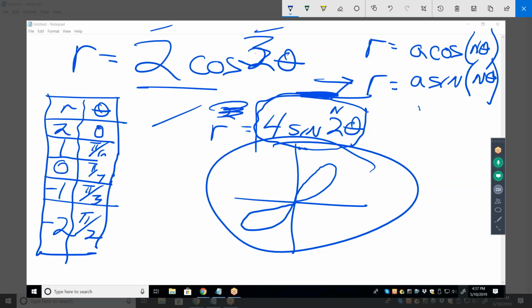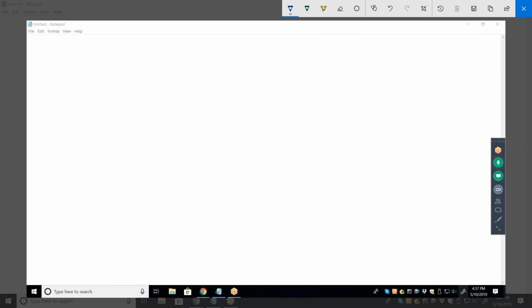Oh, I see, limacons. Limacons are different than rose curves. They have this formula. So that is a limacon, and it looks like that previous 2-petaled curve.